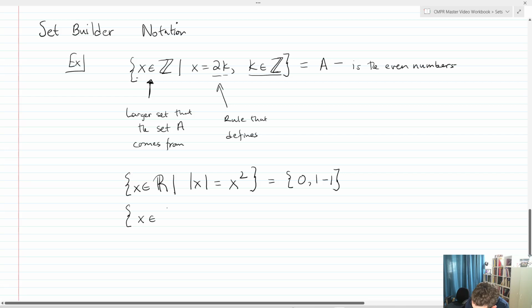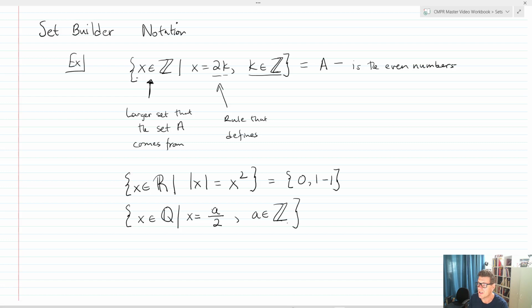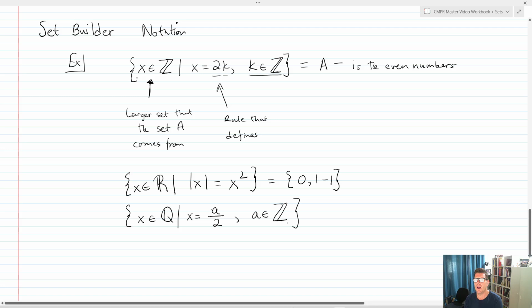X belongs to now all the rationals such that x equals a over 2, for a belonging to the integers. Now, this is all the numbers that we could get by taking all of the integers and dividing them through by 2. So that basically gives me every single number within the integers. And in addition to that, it will also give me all of the 1/2, 3/2, 5/2, -5/2.